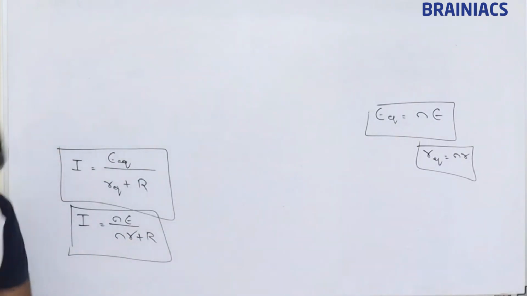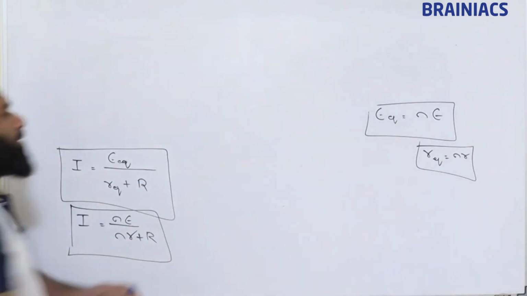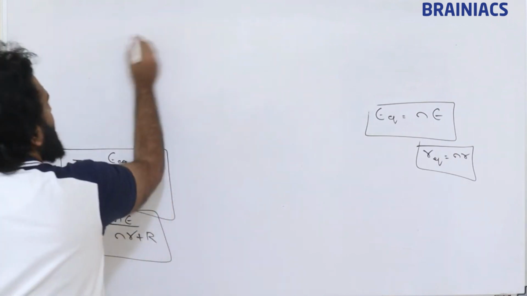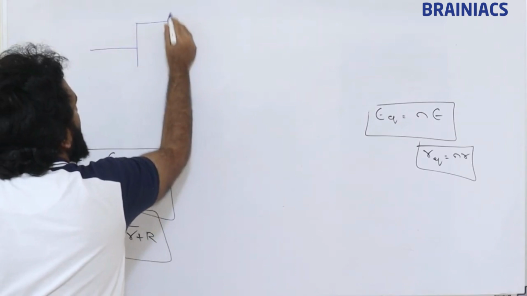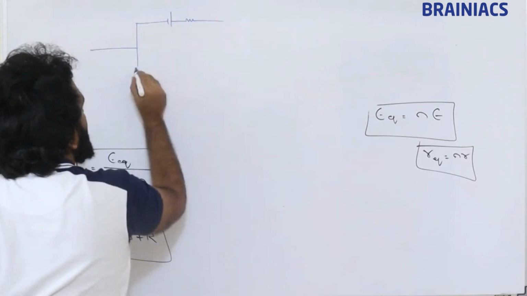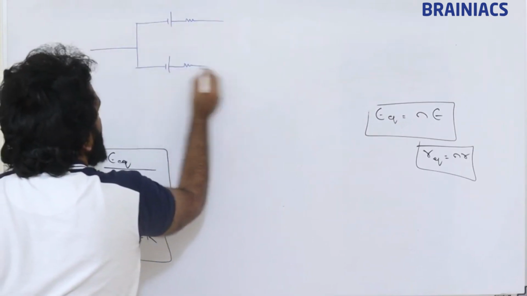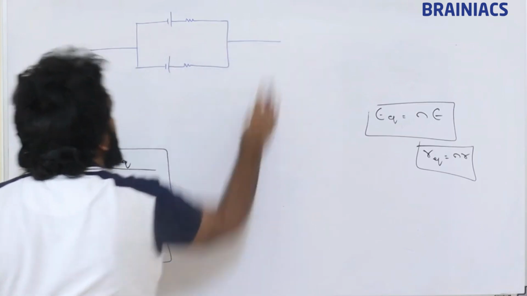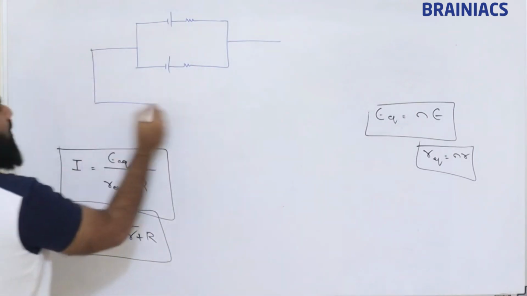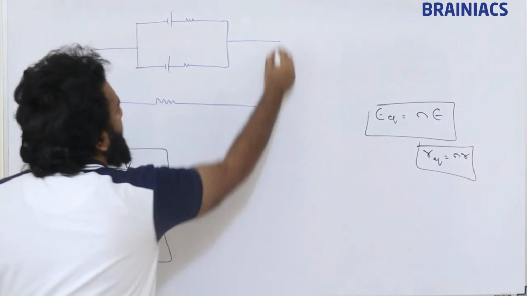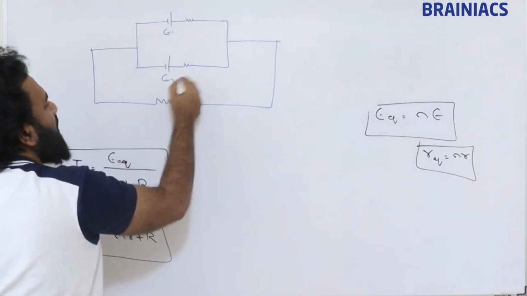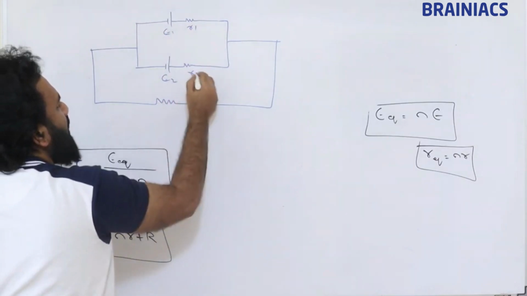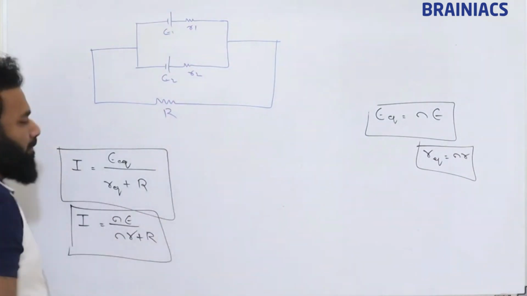So for parallel combination, we will have one cell, another cell, just like this, and we may have an external resistance also. So let these be E1, E2, R1, R2, and external resistance R.